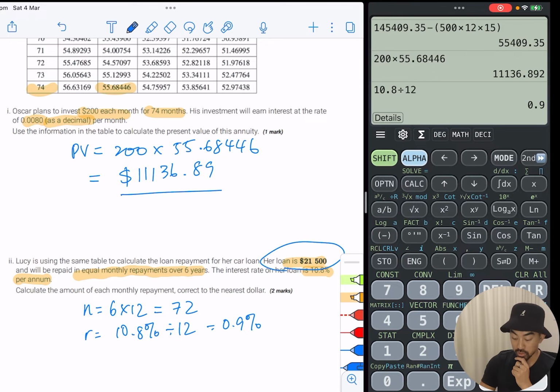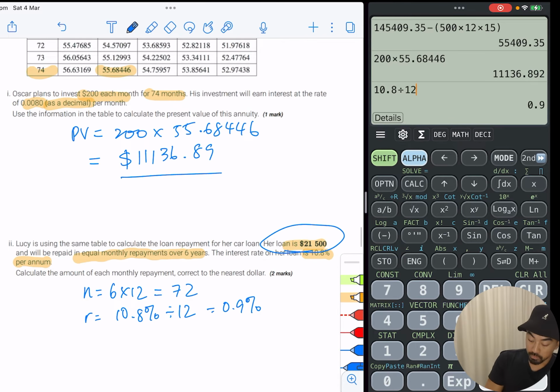And we want to have $21,500. So to work this out, it's going to be 21,500 divided by her interest factor.